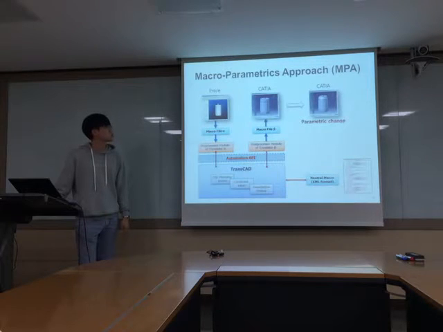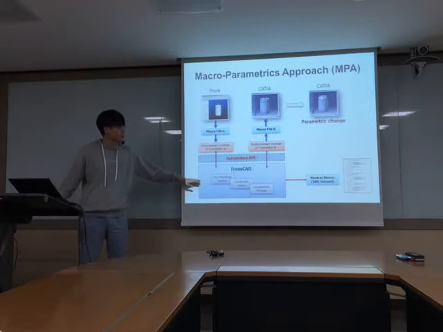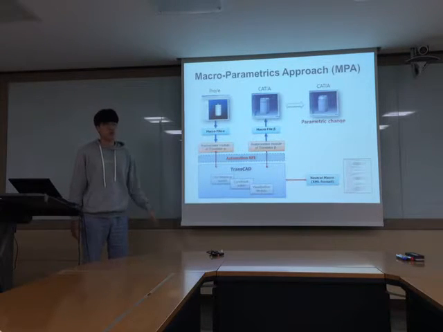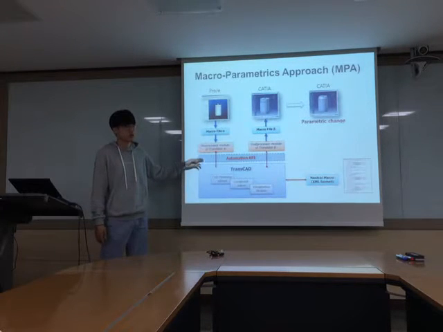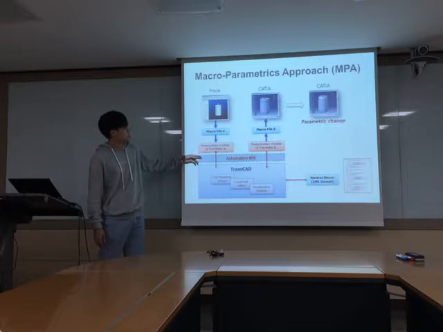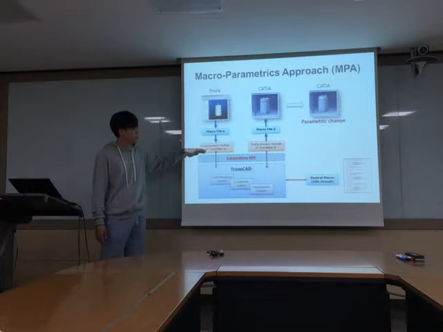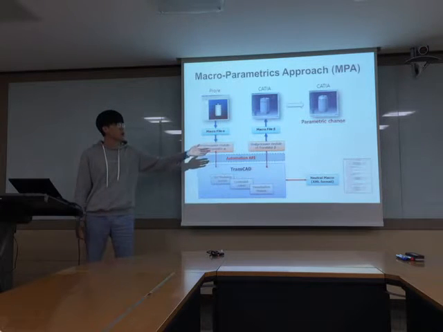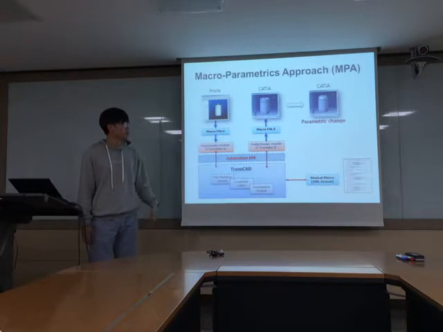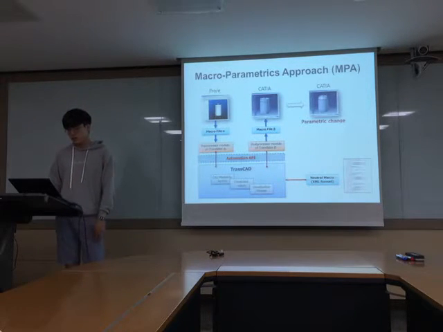So this is an overview of the macroparametrics approach. A similar picture you saw before. We have TransCAD here, which you will use, and it also provides some kind of API. You get the macro file of alpha from CAD system alpha by a preprocessor, and then you can export it to CAD system beta, and after exporting it, you can modify this model because you have the history and feature information.